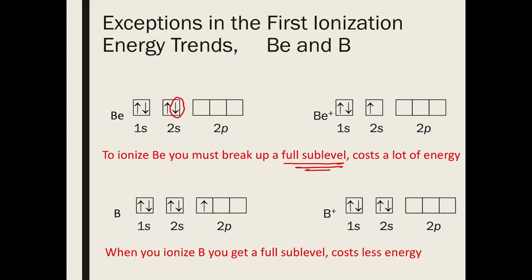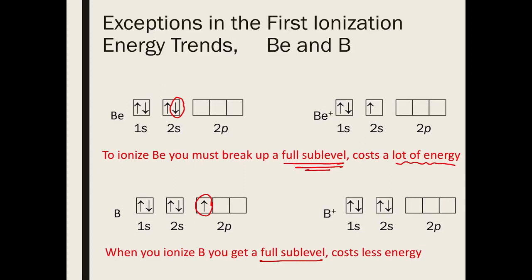But to ionize beryllium, we have to break up this full sublevel, and that costs a lot of energy. Whereas boron has this one little electron hanging out by itself in the 2p energy level. And if we ionize boron, we've taken that one away, and we actually get a full sublevel, which is desirable.